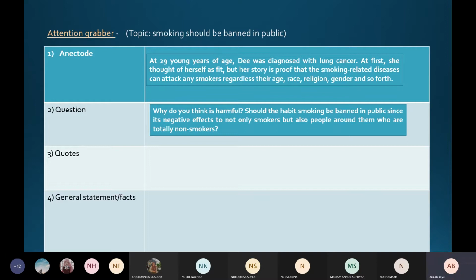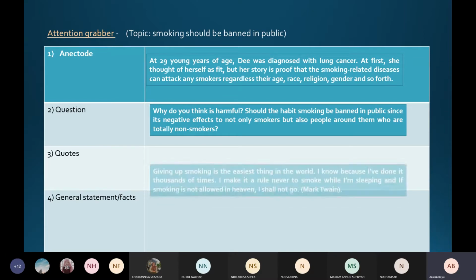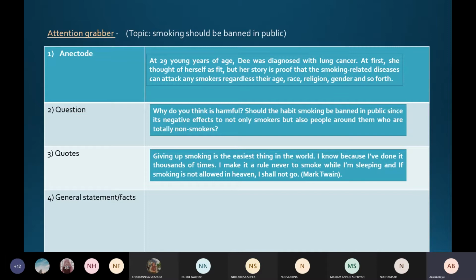Kadang-kadang you boleh gunakan quote, tapi kalau gunakan quote ni, you kena give a credit to person yang cakap tu. Ataupun kalau you gunakan Al-Quran ataupun hadis sebagai you punya quote, you kena write surah apa, ayat apa. Alright, tapi ini I ambil contoh quote daripada Mark Twain. Talking about smoking. Okay, quote ni berlambak dalam Google.